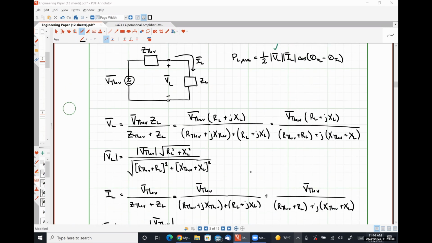And let's see what chat has to say. What does X represent? Bradley, X represents the reactance of our impedance, or the imaginary part of our impedance.